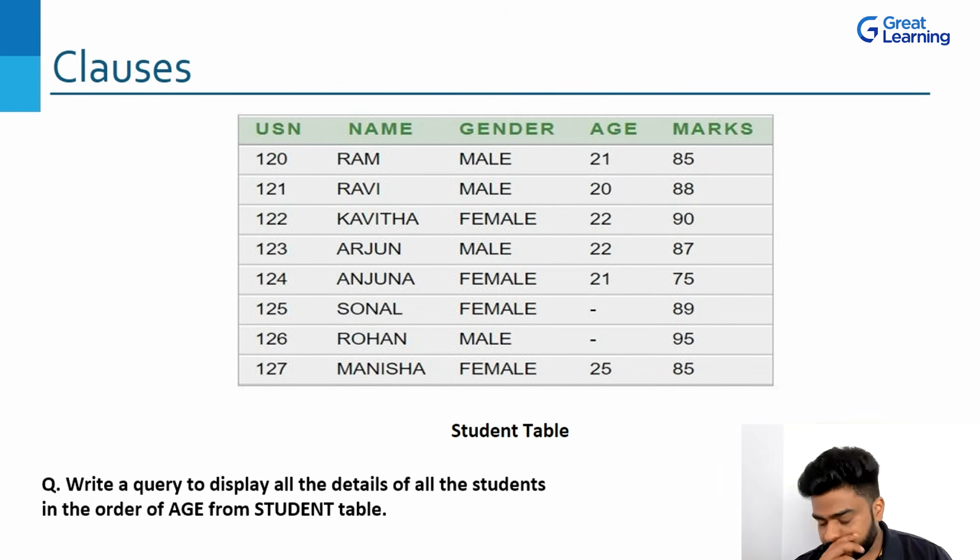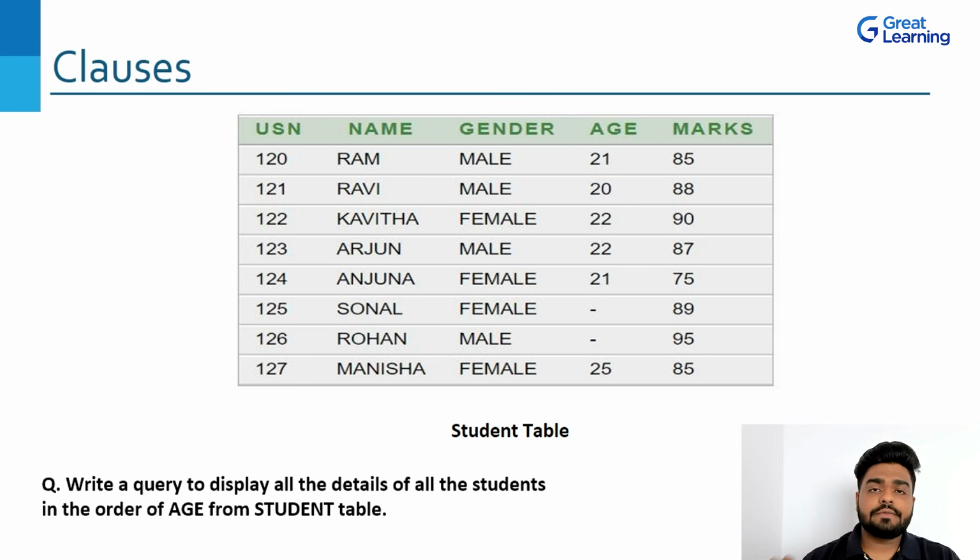Now, if you look here, this question is a little bit unique compared to all the other examples which we have seen till now. Because if you look at this particular student table, the question is to display all the details of the students in the order of age. That means now we don't have to check whether the age is greater than 20 or less than 25 or equal to 20 or in between 20 and 25.